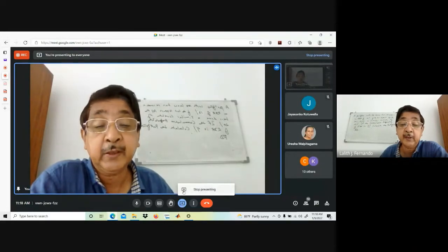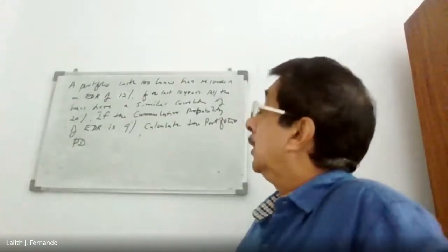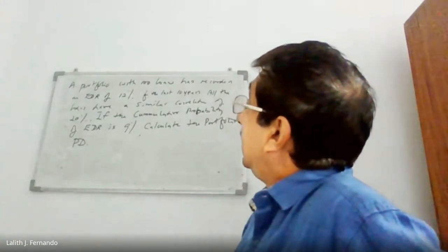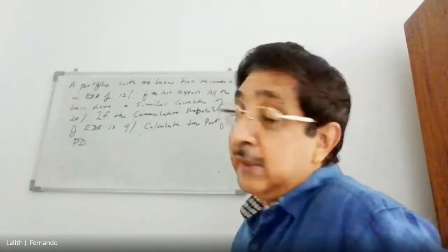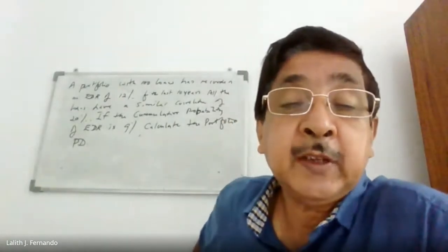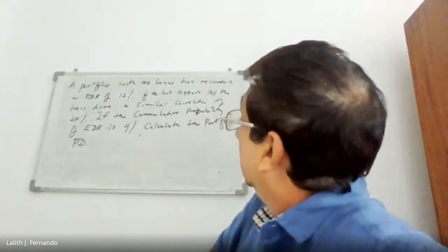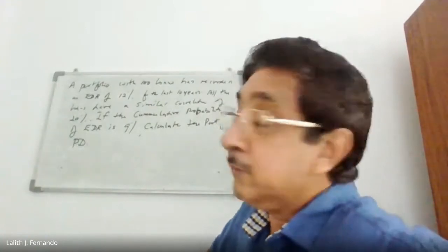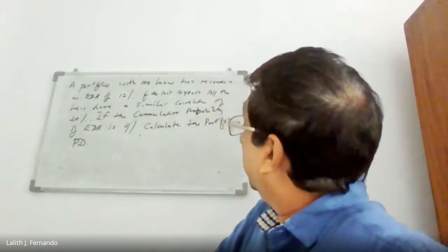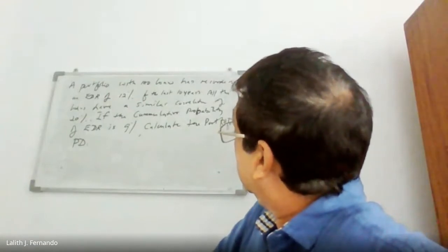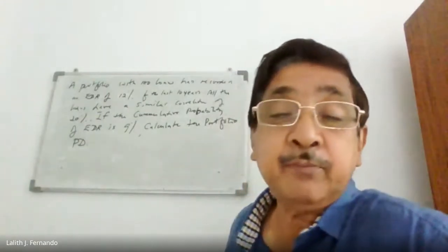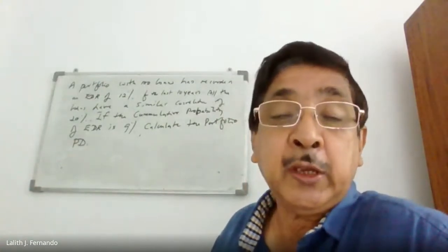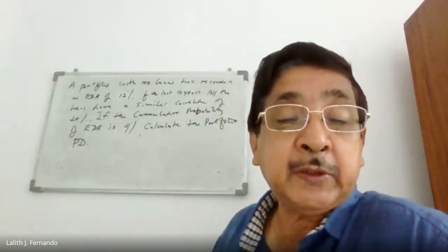I will read the thing for you. A portfolio with 100 loans has recorded an EDR of 12% for the last 10 years. EDR is 10%. All the loans have a similar correlation of 20%. If the cumulative probability of EDR is 9%, calculate the portfolio PD. So what you can do is you can make use of the Vasicek model.